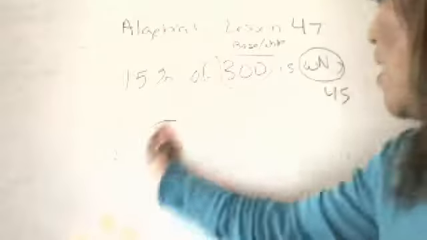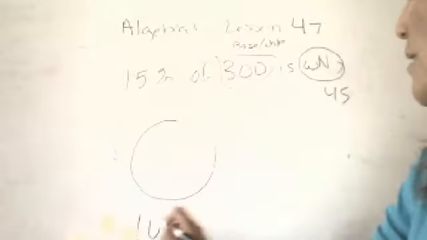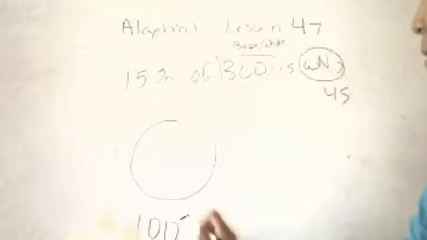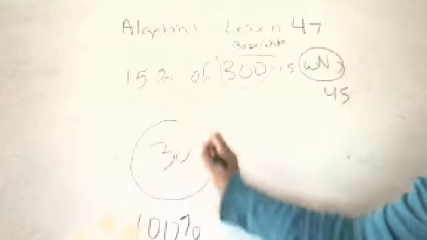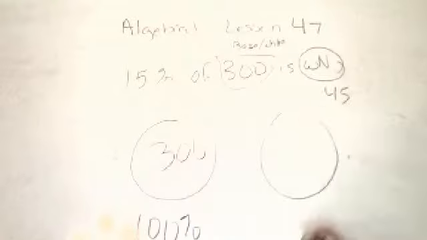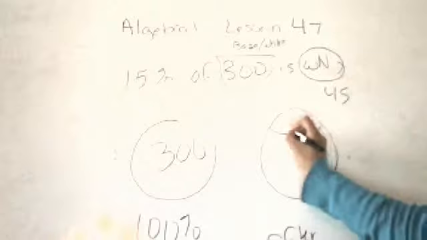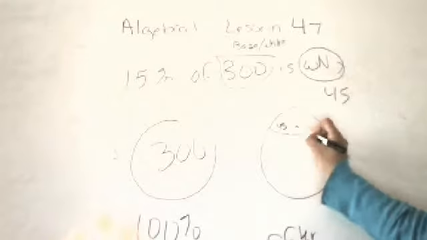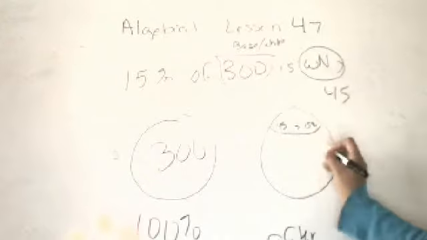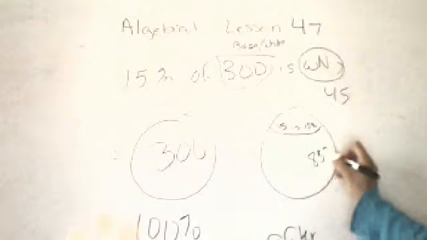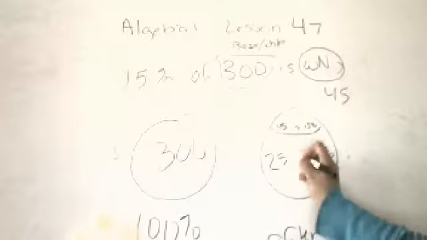We started off with 100% before, and we had 300. And then after, we still have 100%, but we've got 15%. 45 is 15%. Therefore, what's left is 85%. And then 45 from 300 is 255. And that's simply all you do to draw your diagram.